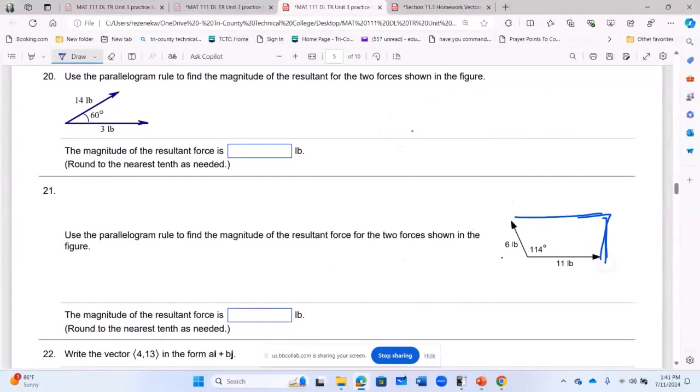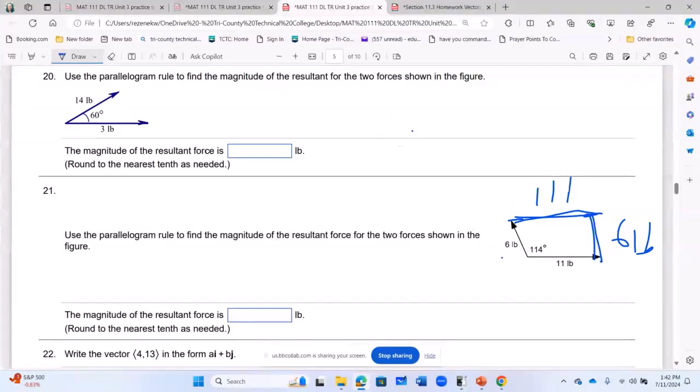What's a crooked parallelogram? All right, so complete the parallelogram. Okay, much better. And then the opposites, see the force here is 6. The force here is 11. They're in pounds.